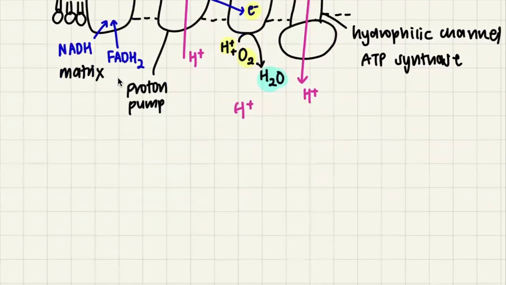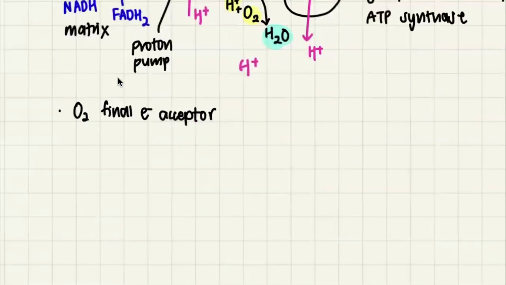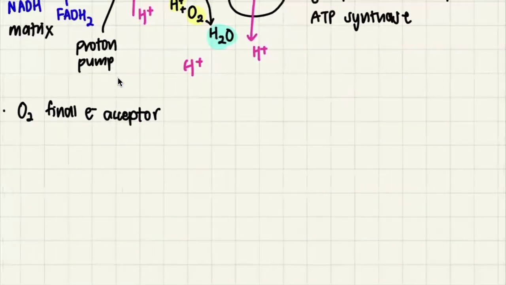Okay, so points to take note. Oxygen is your final electron acceptor. And lots of questions like to ask you what happens when oxygen is removed. So oxygen is your final electron acceptor, right?